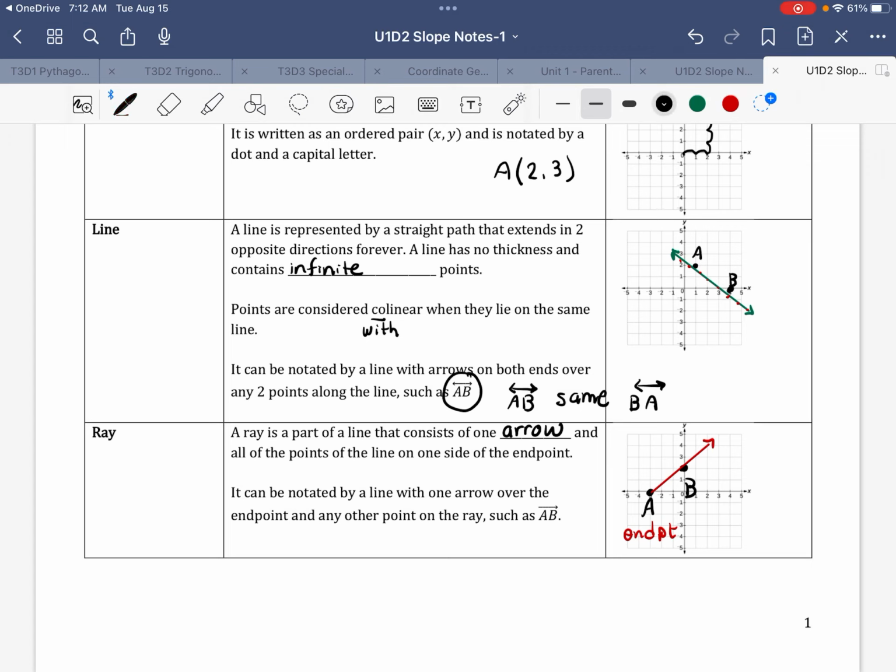So when we notate, the endpoint has to be on A, and the arrow has to be through B, right? For example, if we were to write ray BA, then it would show this green ray that goes like this. And the arrow would go through and past point A. So ray AB is not the same as ray BA.